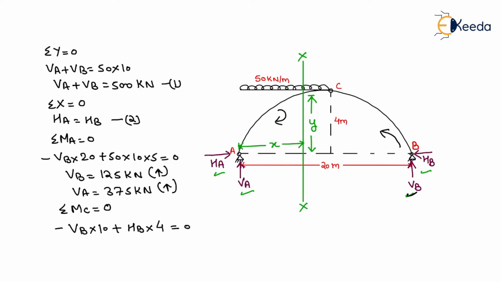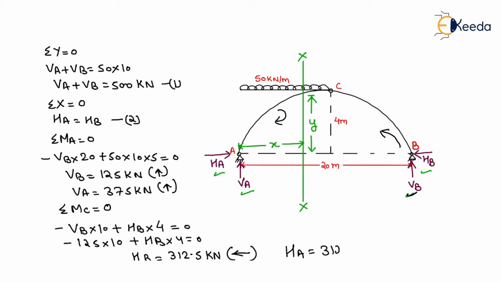On putting the value of VB as 125, that is minus 125 into 10 plus HB into 4, we get the value of HB as 312.5 kilonewton in the leftward direction. Now from equation 2, we determine the value of HA equal to 312.5 kilonewton in the rightward direction.